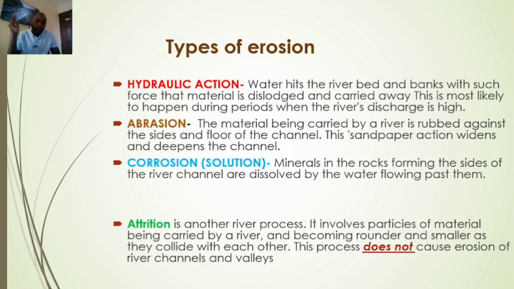Hydraulic action, the force of the water. Abrasion, the sandpaper action of the material carried by the river. Corrosion, the dissolving of minerals of the rock or even the soil in the water. Then attrition, the material carried by the river hitting against each other to become rounder and smaller pieces.